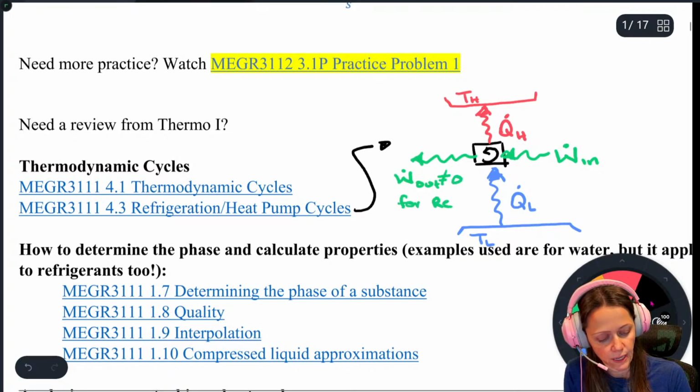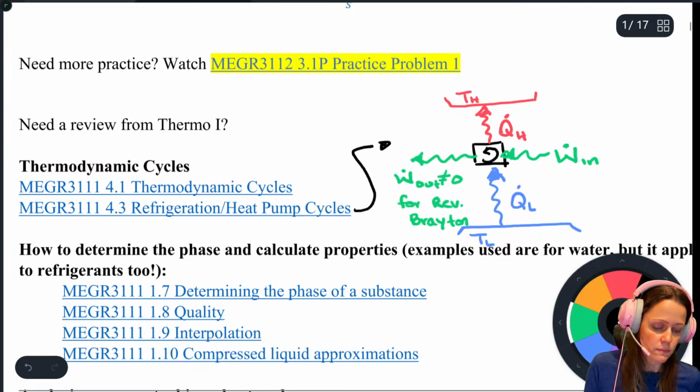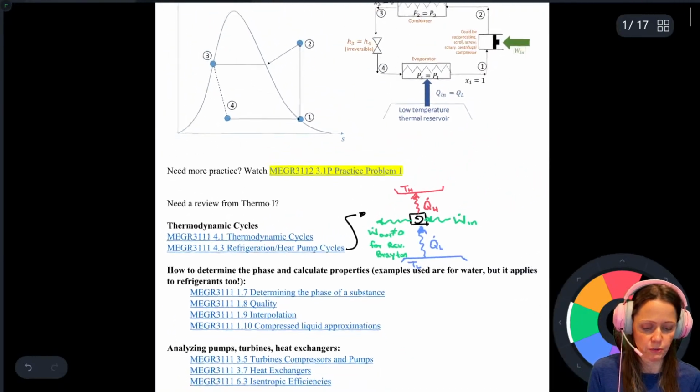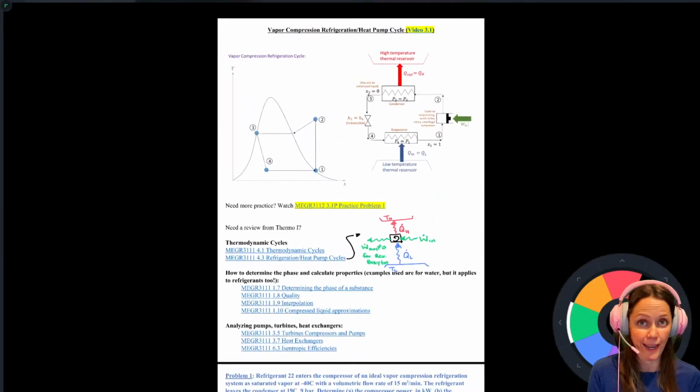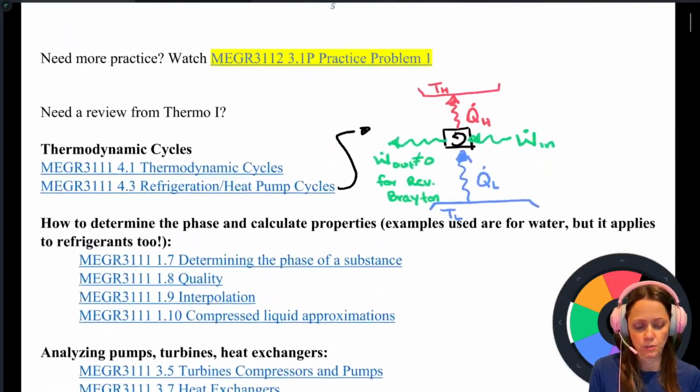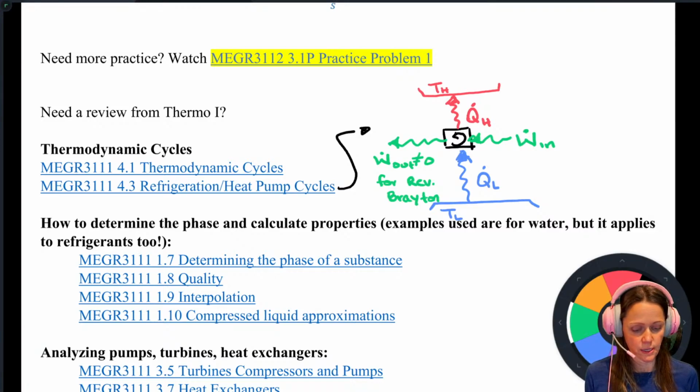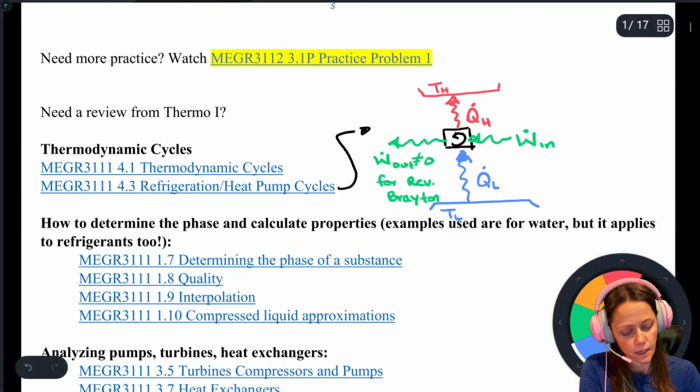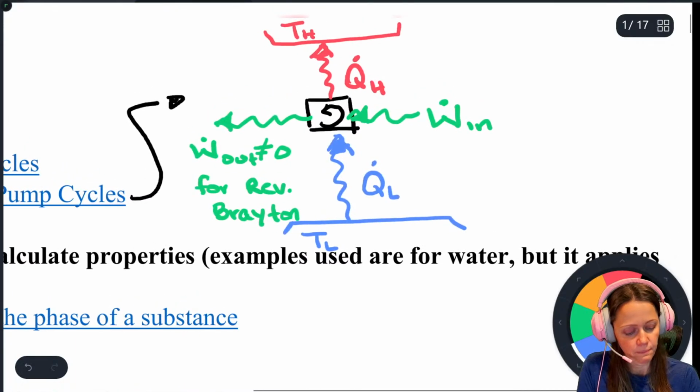What's called a reversed Brayton or a gas refrigeration cycle. But for the vapor compression refrigeration cycle that we'll talk about now, and then we'll also talk about some modifications or variations on that cycle, you will not have a power output, just a power input.